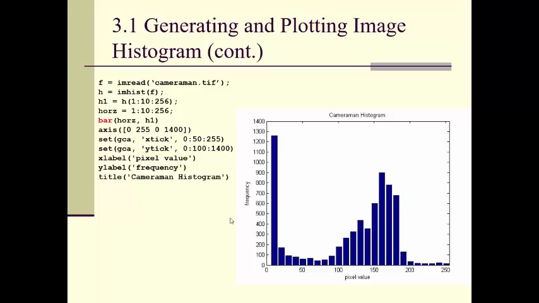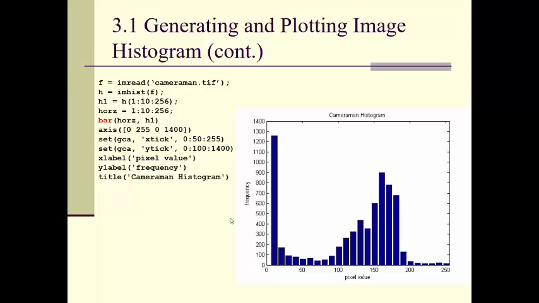And I get the histogram, which is the vector that corresponds to the number of pixels having different intensity values. I will create a vector having steps of 10. And horizontal will also be a vector starting from 1 up to 256 with steps of 10. And I will plot the resulting expression.